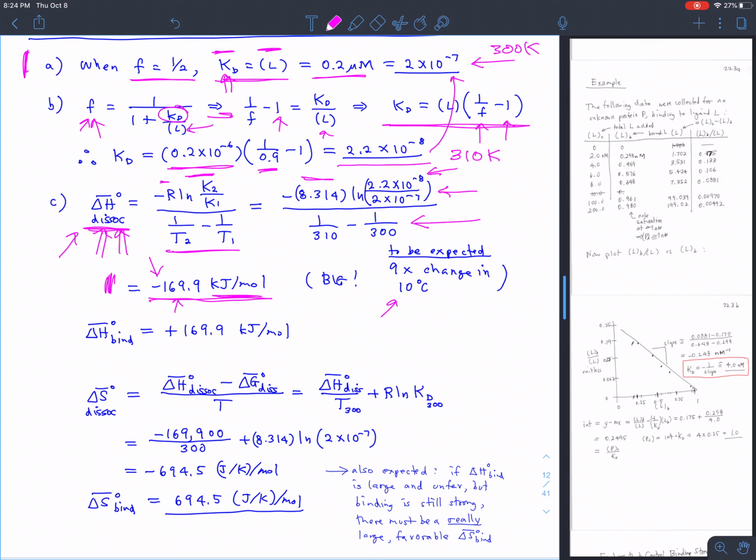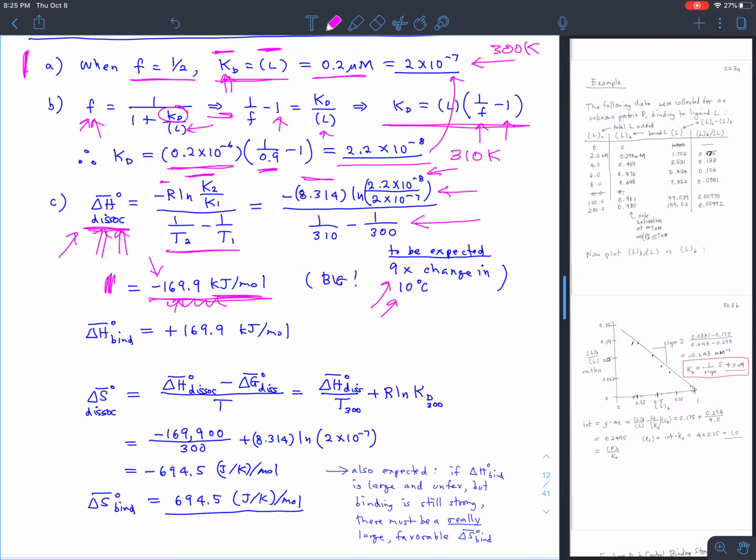But here, a 10-degree difference caused a 9-fold change in the equilibrium constant, and so we expect a much bigger number than 50 kilojoules per mole, and that's what we get. In fact, we get 170 kilojoules per mole, more than 3 times bigger.